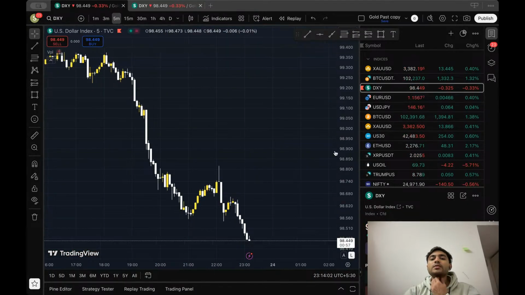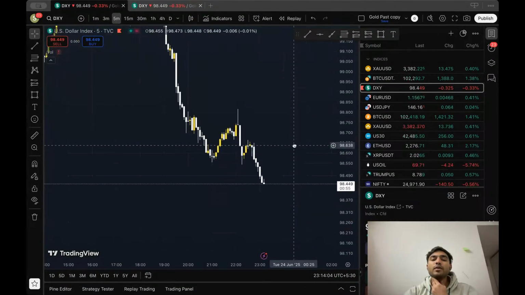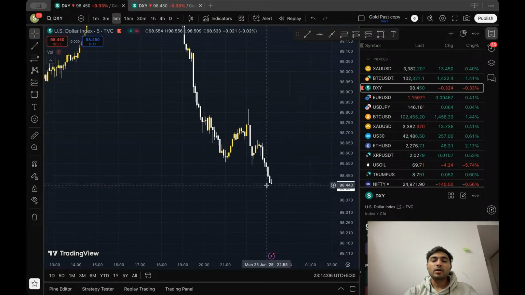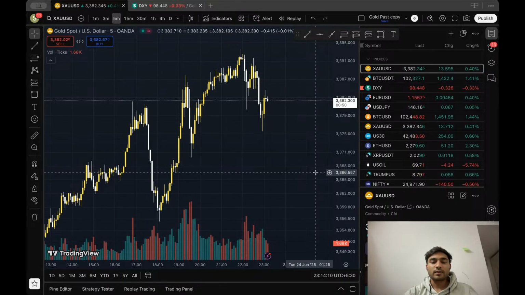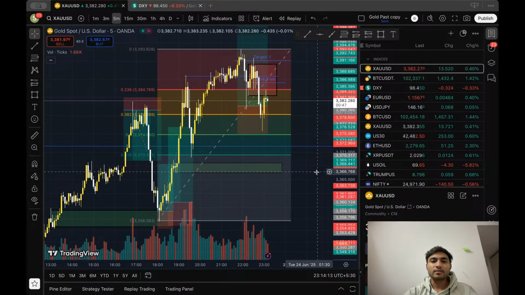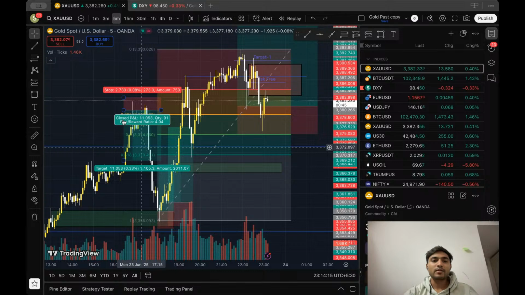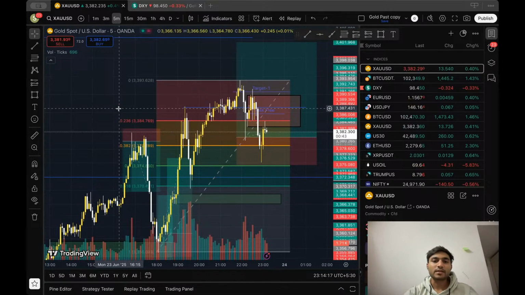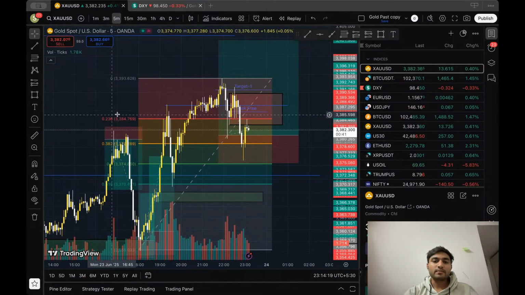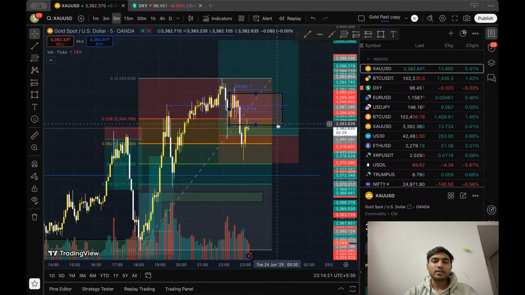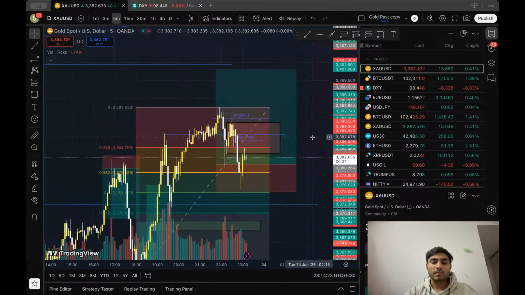Currently, I think it will consolidate, even though DXY is falling like crazy. The only good thing about our trade is DXY is falling on our side, but gold is not on our side. Normally, gold is on our side and DXY is not. But today, miraculously, it's inverse.